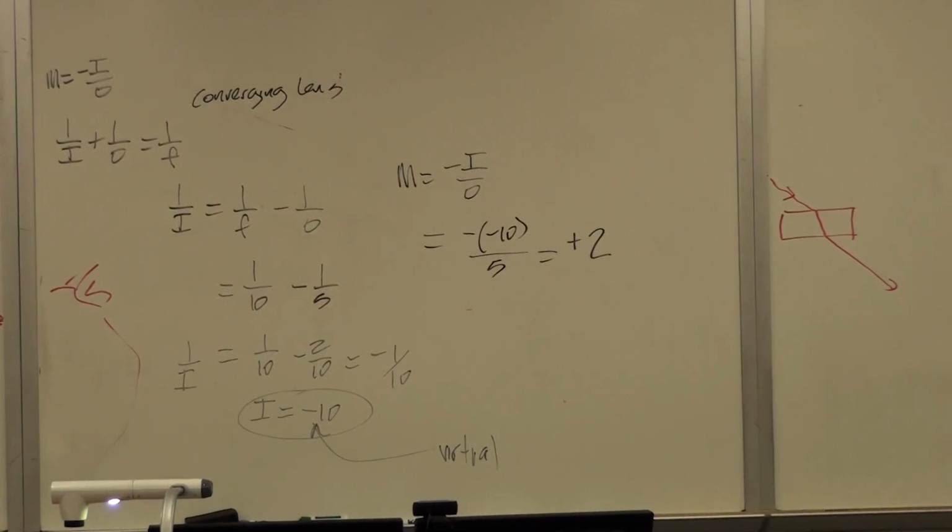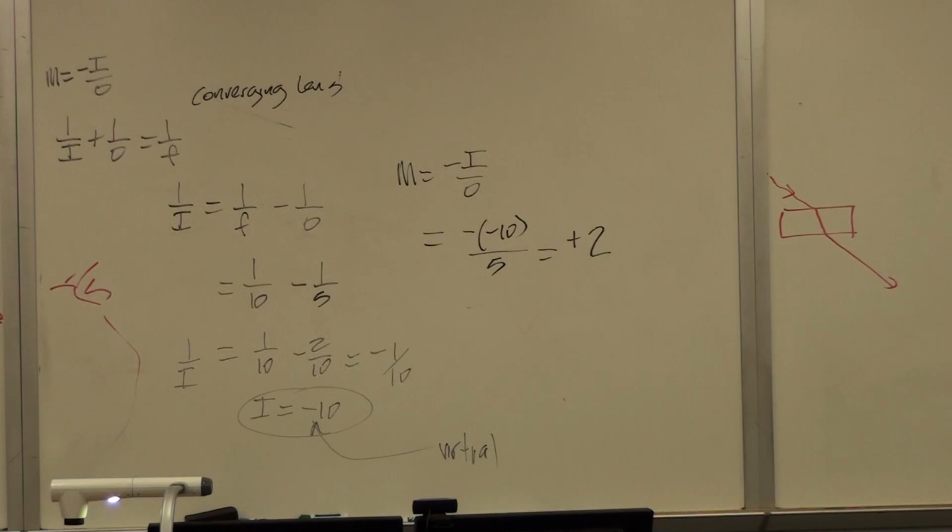So what you can see here is that this is where the screen is located. It's right on the board. This is all measured with respect to the lens. So the O is the distance measured from the lens, and then I is the distance from the lens to the screen.